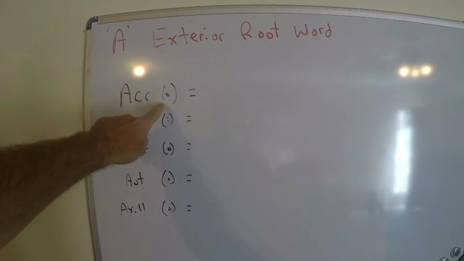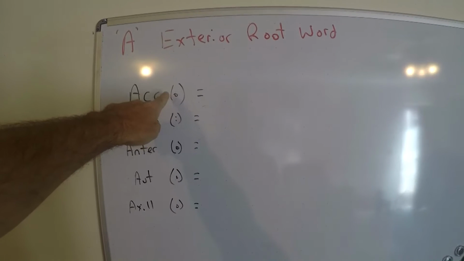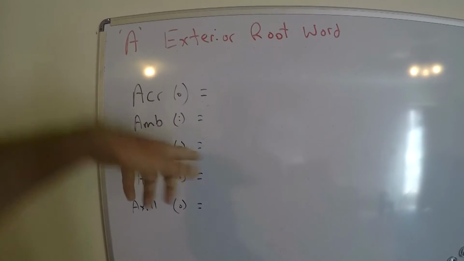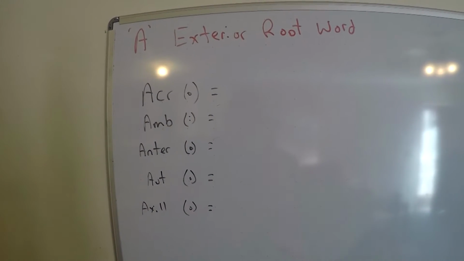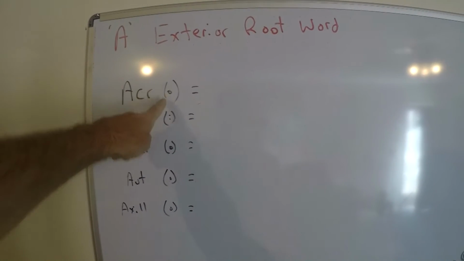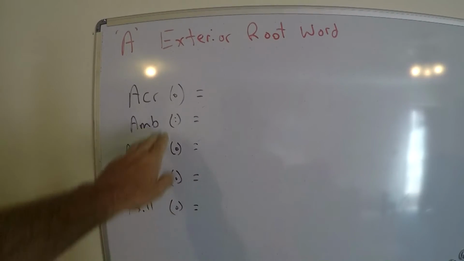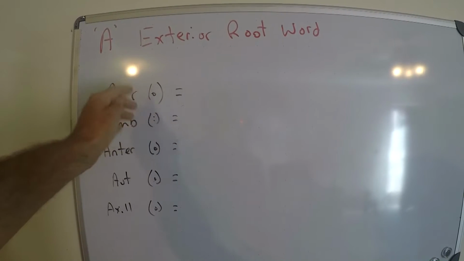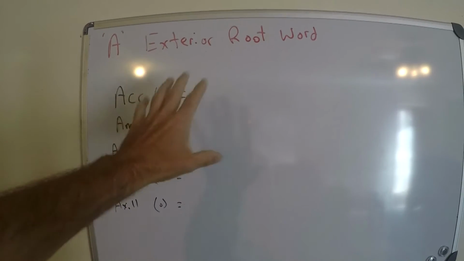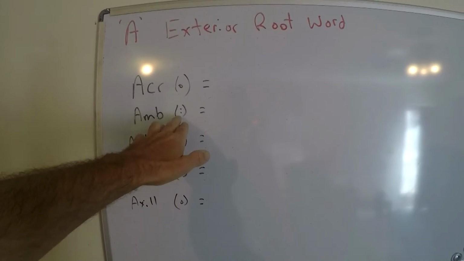Now this in parentheses is the combining vowel. Like I said, go watch my other video if you don't know what a combining vowel is, but just to hit the high spots, an O is mostly used as the combining vowel, but we do have an I here.